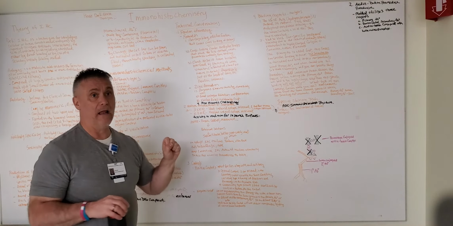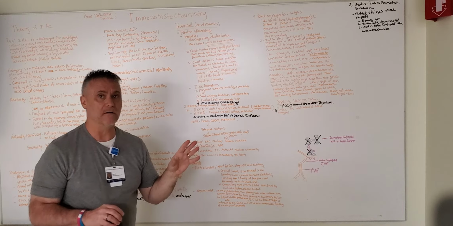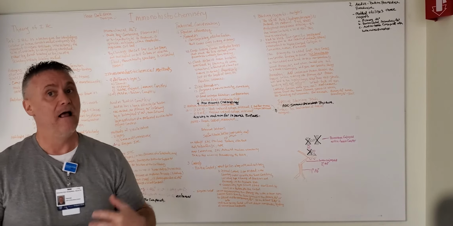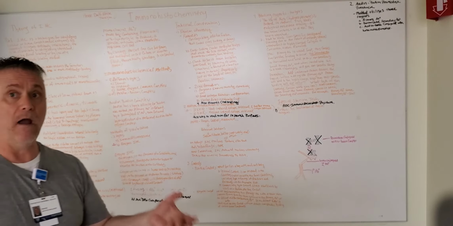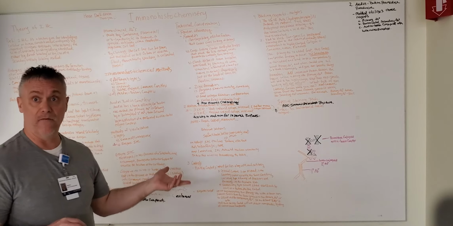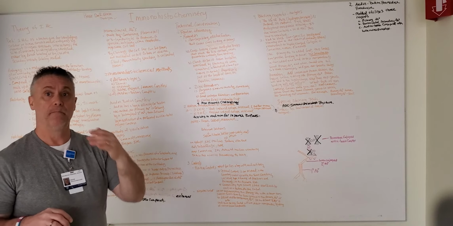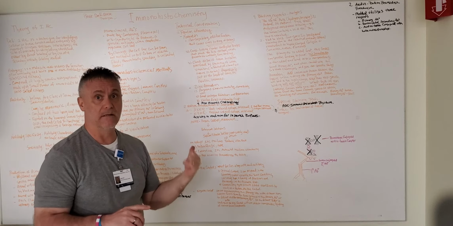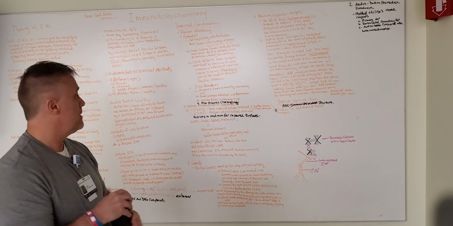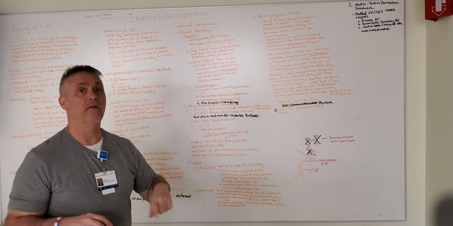We have a lot of different protocols in our computer upstairs that is attached to these machines, and if it has an antibody that requires antigen retrieval, then of course they're going to use it. The machine will heat up, because the machine does everything. It deparaffinizes the tissue, then if it needs antigen retrieval, that's the next step.